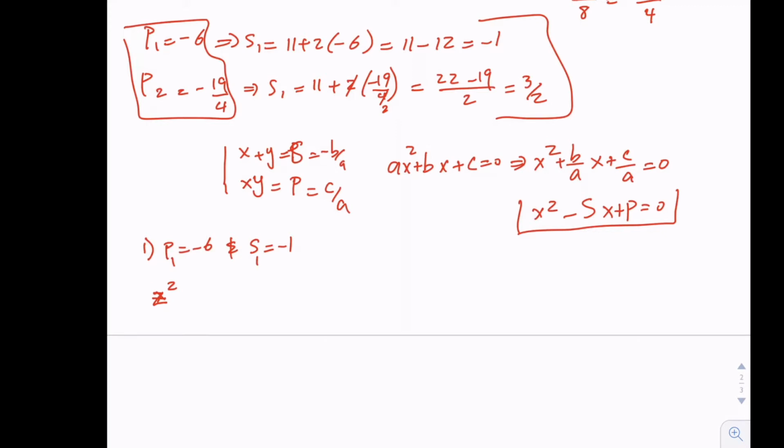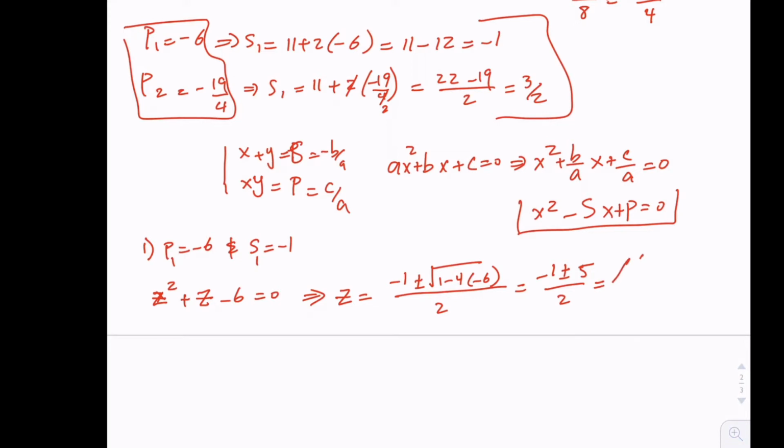So z squared plus z minus 6 is equal to 0. And from here, we will have z is minus 1 plus minus the square root of 1 minus 4 times minus 6, divided by 2, which is minus 1 plus minus 5 divided by 2.